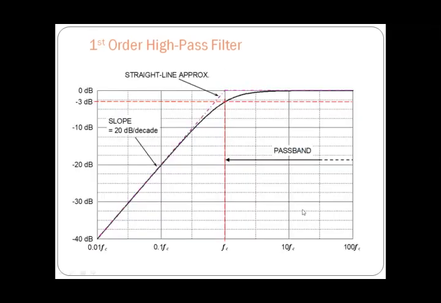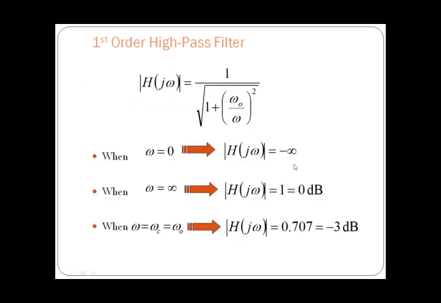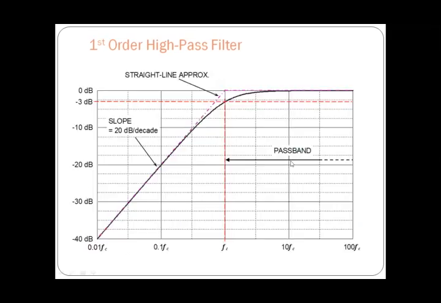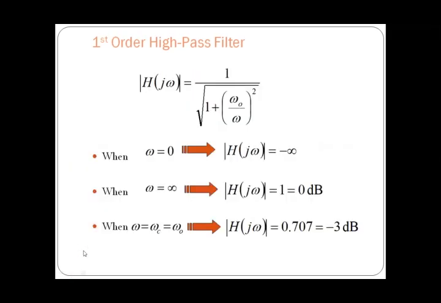As we have observed here, when omega is equal to 0, the transfer function, that is the gain, will be minus infinity on this side. And when omega is equal to infinity, it is 0 dB.